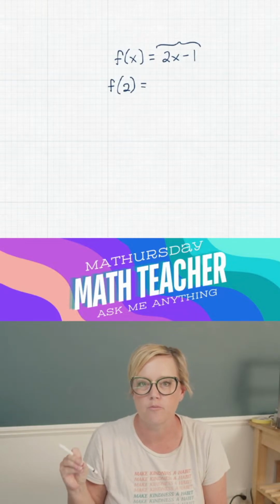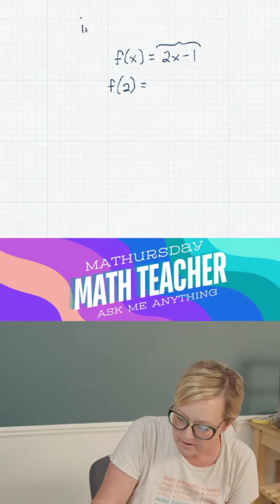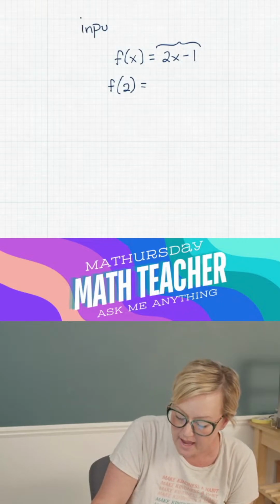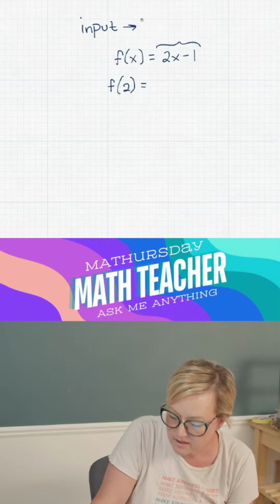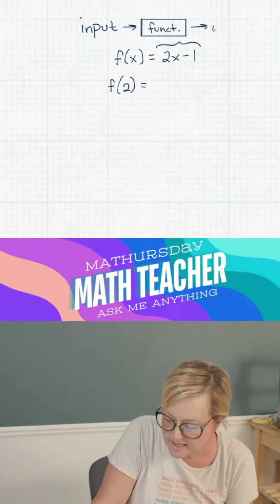A function does one job really well. It takes an input, which is usually x, it goes into the function, and then that function does its thing and puts out an output.